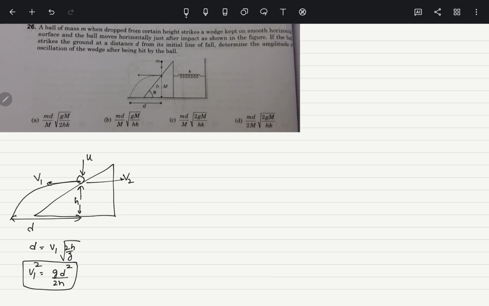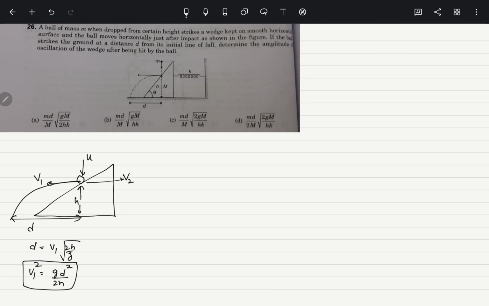Now, one more thing, when the collision is taking place, during collision there's no external force acting in the horizontal direction, right?